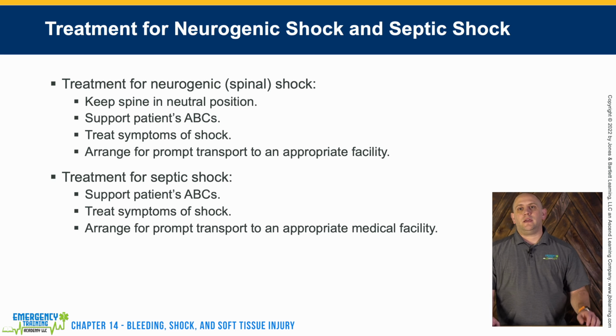But we might see some signs and symptoms such as coughing or vomiting up blood, abdominal tenderness and rigidity. We may see vaginal bleeding in women, or we may see the classic signs of shock with that pale, cool, clammy skin, our rapid pulse, our rapid breathing.